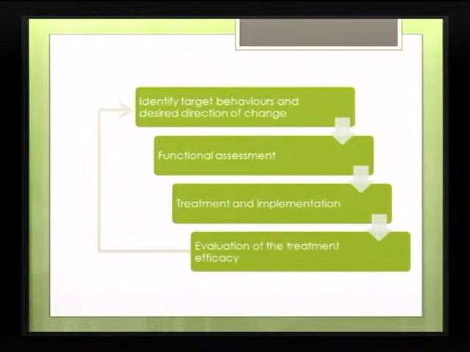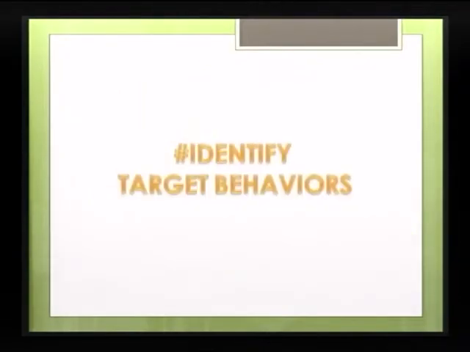Once a target behavior is defined, you can start a functional assessment, then define a treatment and implement it, and finally you have to evaluate the efficacy of the treatment. But you have to evaluate this efficacy in a statistical manner. So let's see these different points.